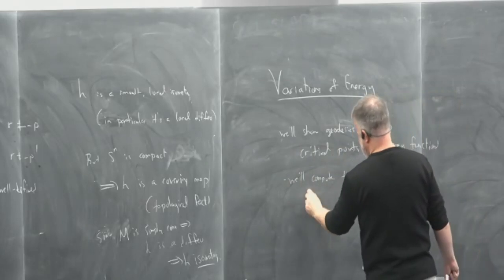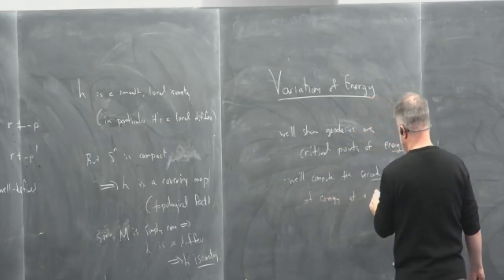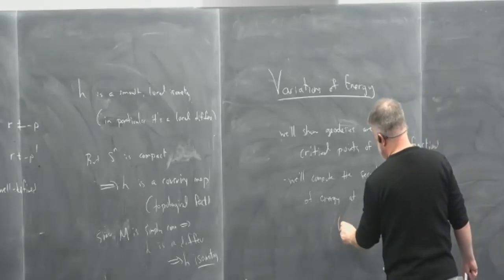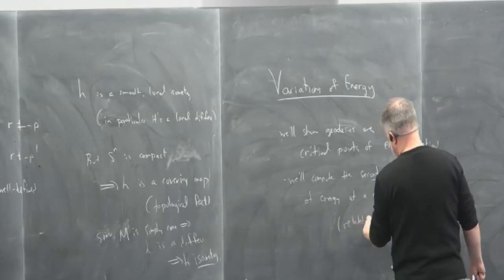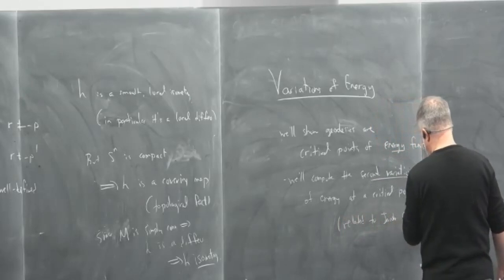Second variation of energy, I'll tell you what energy is, at a critical point. And this will be related to Jacobi fields. Although the full relation you're not going to see in chapter 9, we'll see it a little bit later.